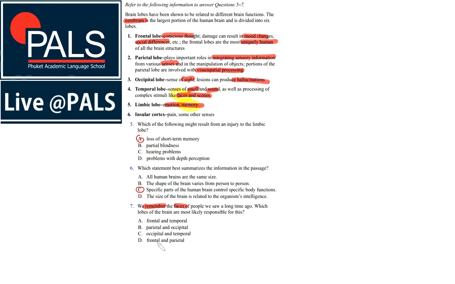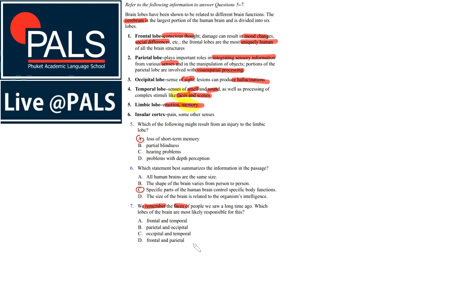Let's see. Okay, that is not an option. So we have frontal and temporal. So that involves the temporal at least for faces. Parietal and occipital, not about faces or memory, so probably not. Occipital temporal could be, so that again involves the temporal for faces.